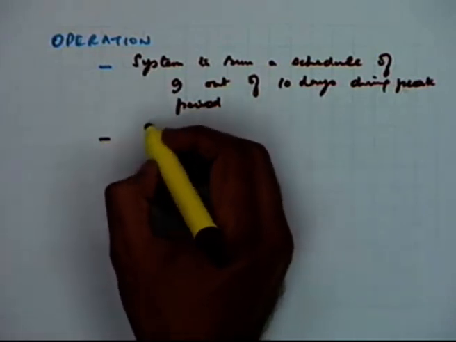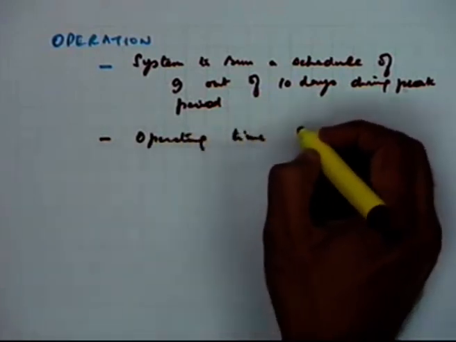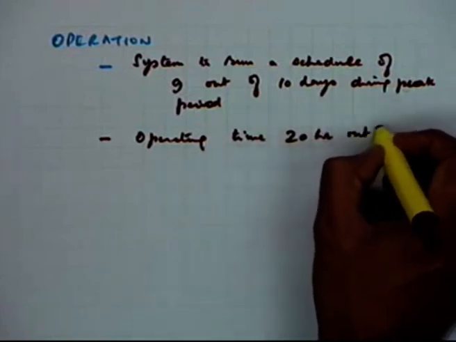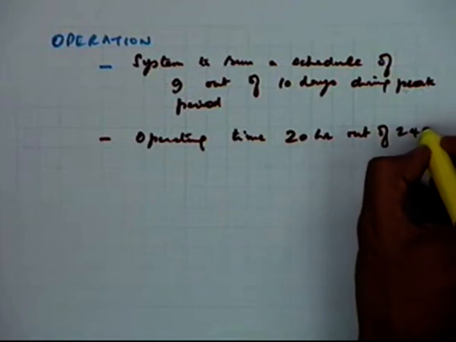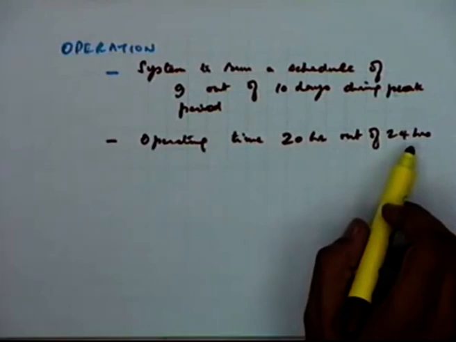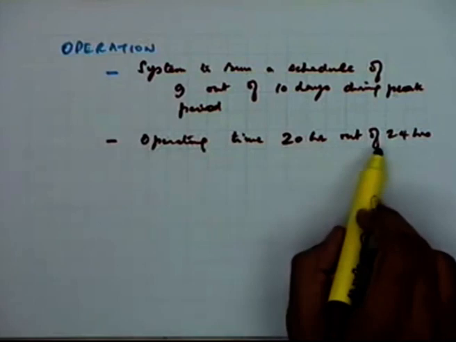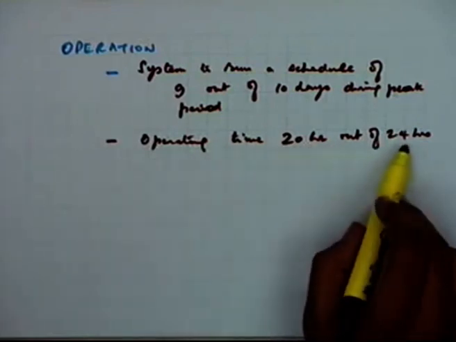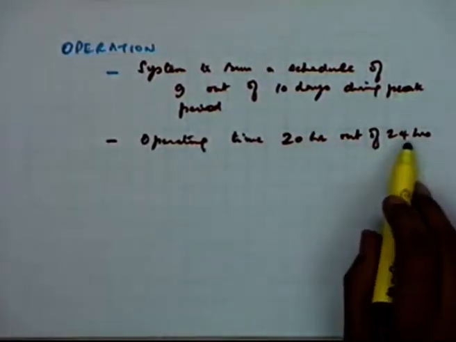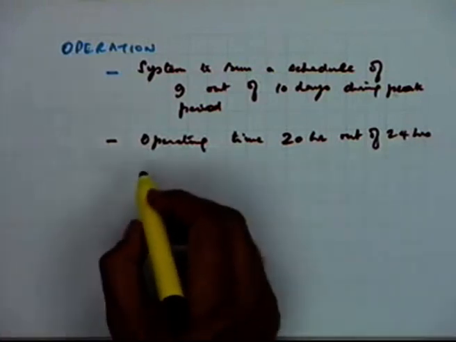Furthermore, the operating time is 20 hours out of 24 hours. It's quite likely that out of the 24 hours, the 20 hours are kept for operation. The remaining 4 hours are for moving the pipelines and those activities. You need to have some time, which will be the time when the system won't be running.